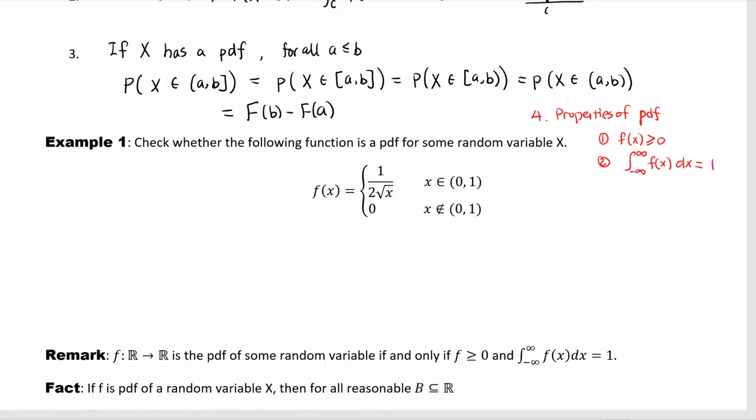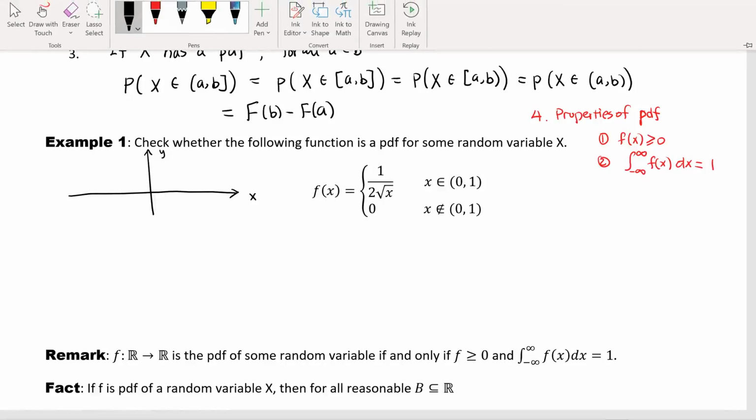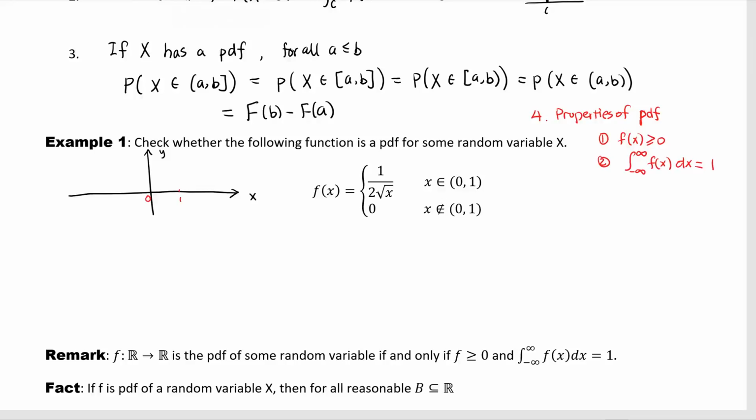So let's draw a picture here. This is x, this is y, and we want to graph f(x). This is 0, this is 1. When x is not in [0, 1], we get 0.